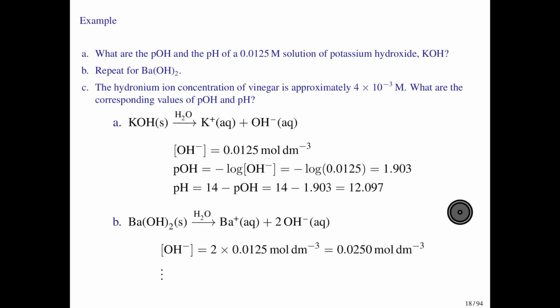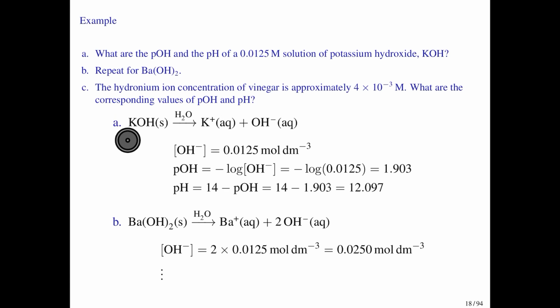In this problem, we're working with pOH and pH. And so this example wants us to calculate the pOH and the pH for a potassium hydroxide solution where the concentration of potassium hydroxide is 0.0125 molar. Okay, so I went ahead and have shown you the dissolution reaction for potassium hydroxide.